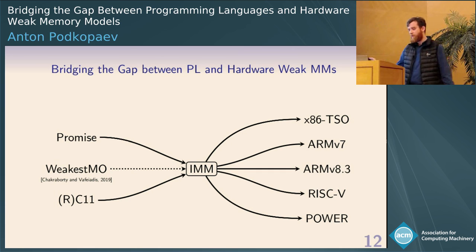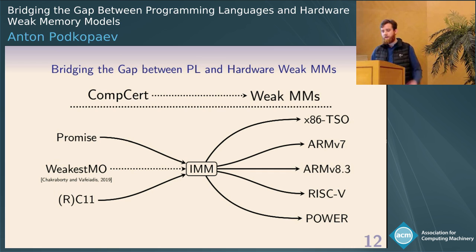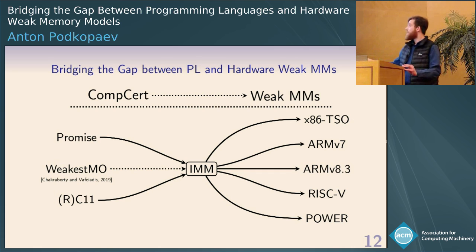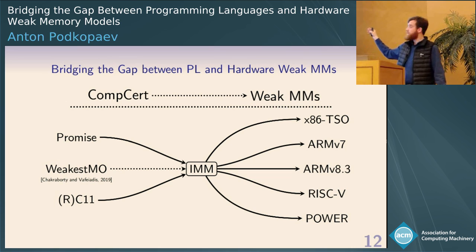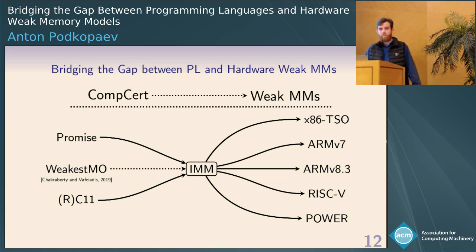And the overall goal of our research in this branch is to verify correctness of compilation for big compilers like concurrent via two weak memory models. There is already a paper on correctness of compilation from concurrent to x86 TSO, but not to weaker memory models. So thank you for your attention.